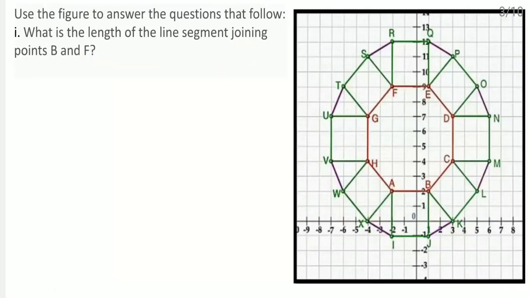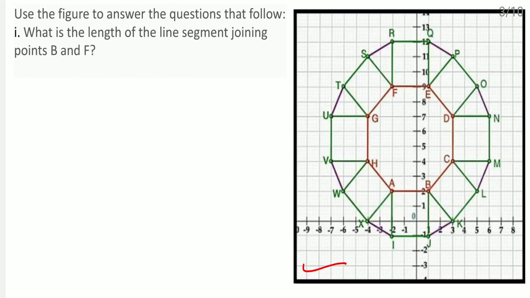Here in the graph paper you see, he has made that pattern. So use the figure to answer the questions that follow. First question: what is the length of the line segment joining points B and F?